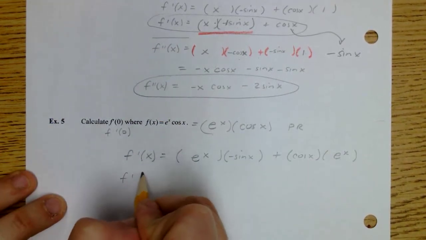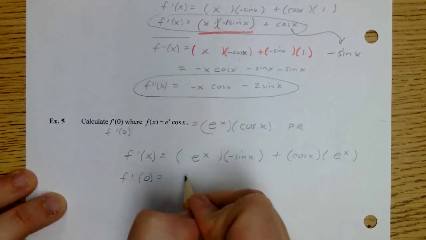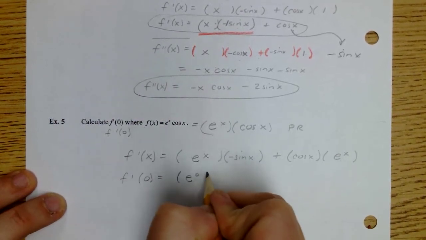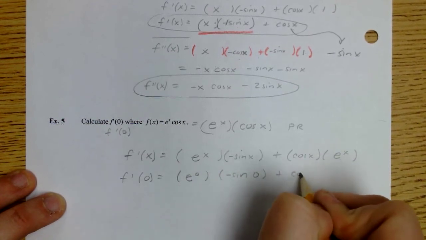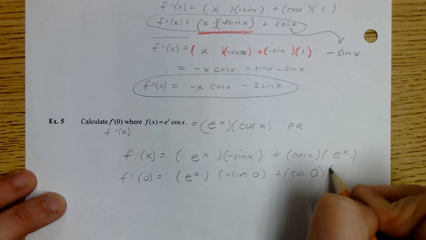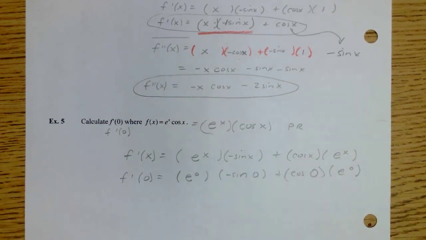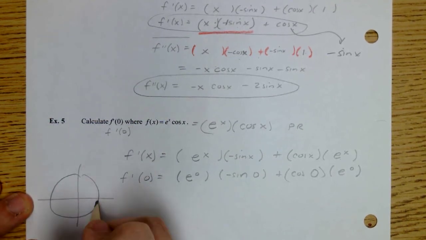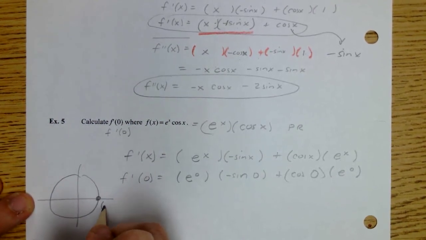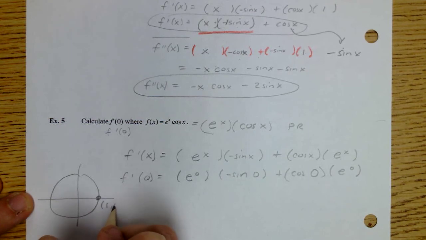So now when I want f prime of 0, I'm going to replace all of my x's with zeros. So unit circle wise, I'm dealing with this point right here, which is the point 1, 0.